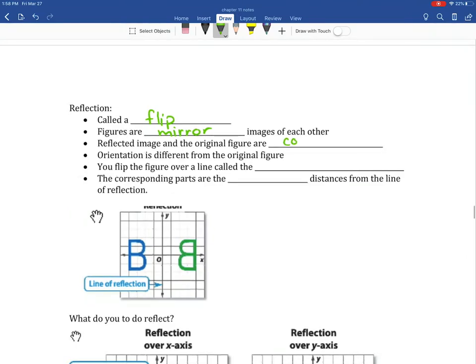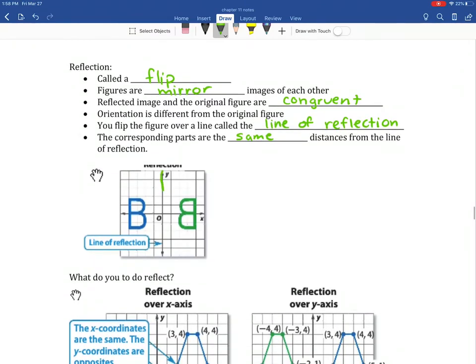The reflected image and the original figure are congruent, meaning they're the same shape and the same size, but the orientation is different because they are mirror images of each other. You flip the figure over the line that we call the line of reflection. The corresponding parts are the same distance from that line of reflection.